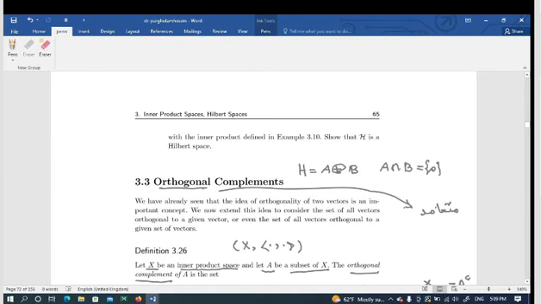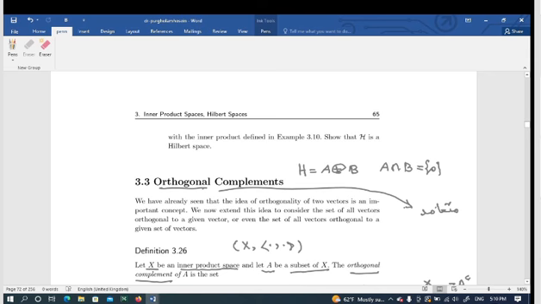Orthogonal complements. Complements means that we can write H as the addition of two subspaces A and B such that the intersection of A and B is just 0.